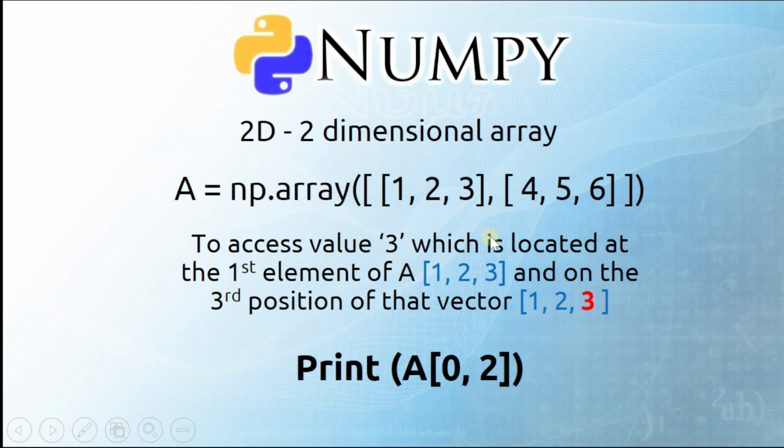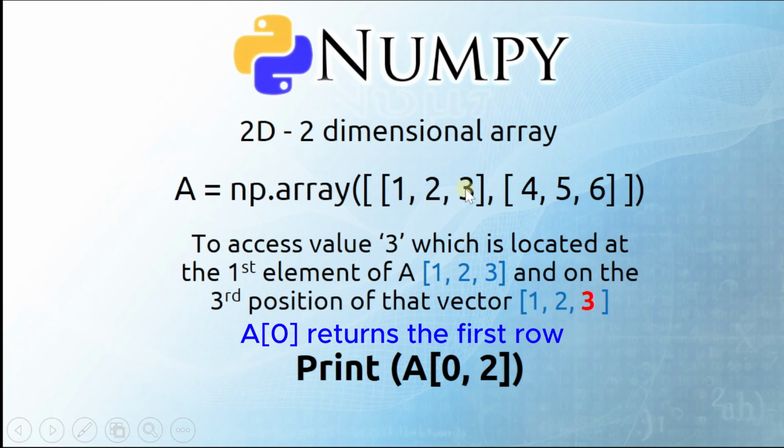Now, let's say I want to get not only the first row, and by the way, here you have two rows if we're talking in matrix language. Not only do I want 1, 2, 3, but out of 1, 2, 3, I want specifically the value 3. You need to note that in A, you have two main elements: 1, 2, 3 is the first, which is at index 0, and 4, 5, 6 is the second, which is at index 1.